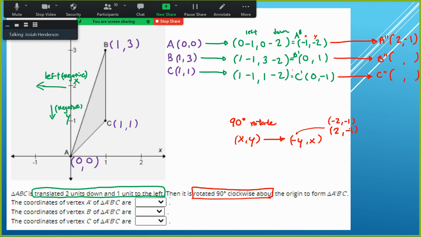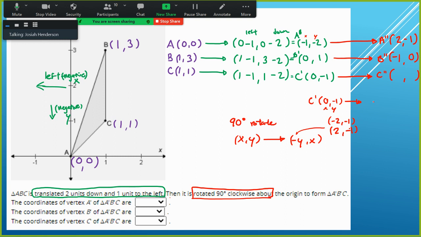Let's do it for B. The rule says x, y's turn into -y, x. So B is 0, 1. We swap the positions, so it'll be 1, 0. And we turn negative the old y number, or what's in the new x space, the 1. So -1, 0. And now for C, x, y is 0, -1.